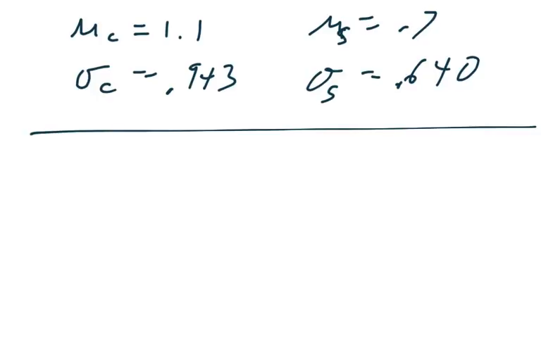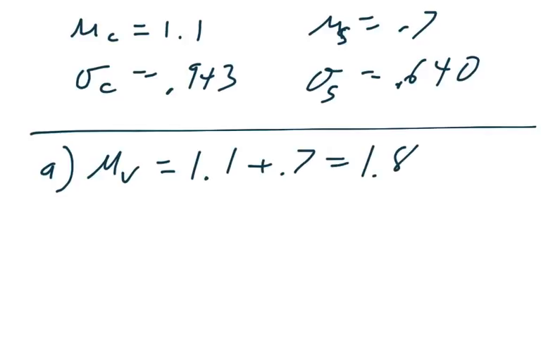And so in part A, what is the mean of the vehicles? 1.1 plus 0.7 turned out to be 1.8 vehicles.